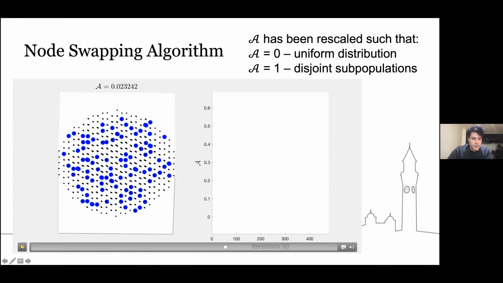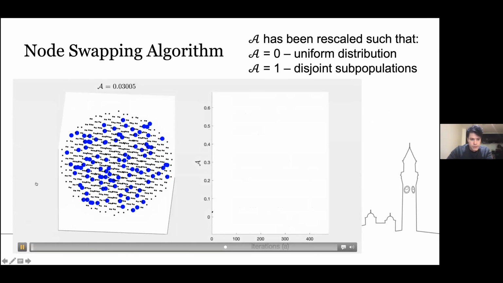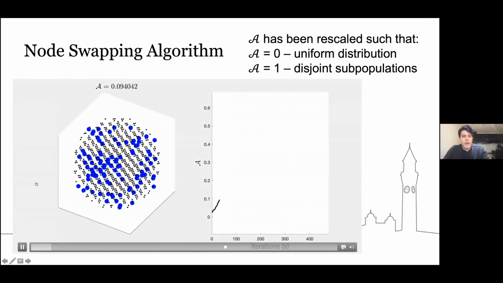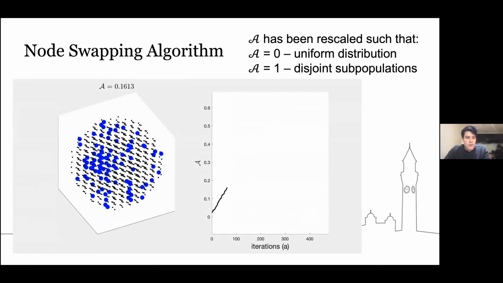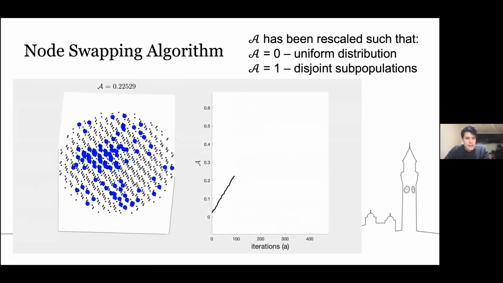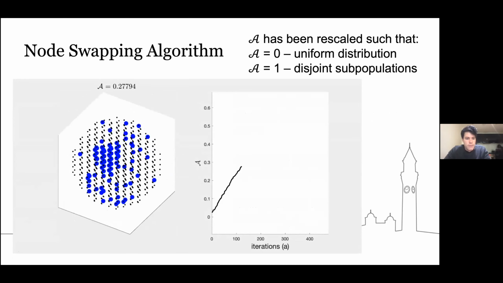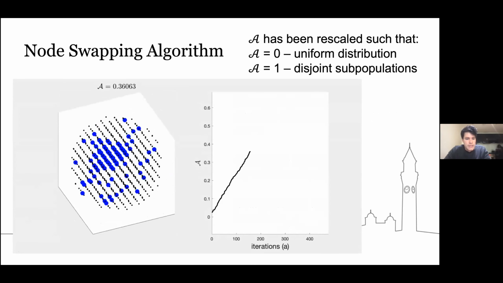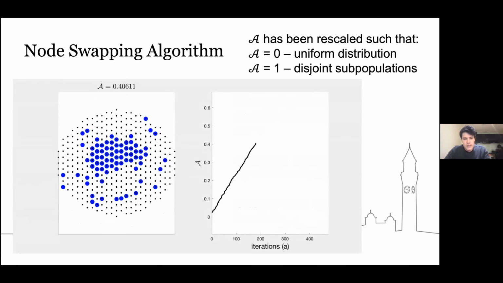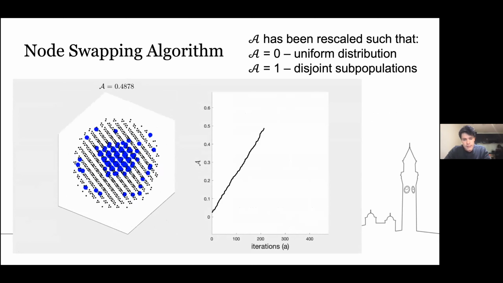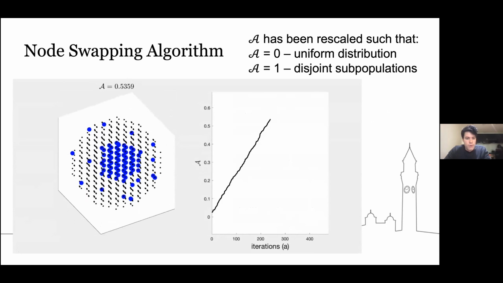So here's an example over one of the networks. Starting from just some uniformly random distribution, what you can see is that one large cluster appears to be forming in the center, and the assortativity monotonically increases due to the way that we wrote the algorithm.